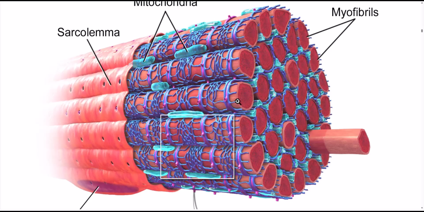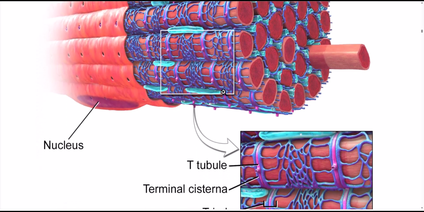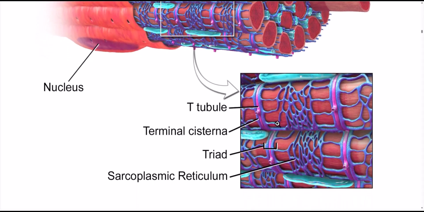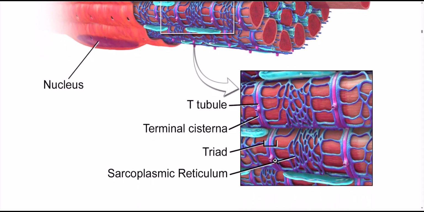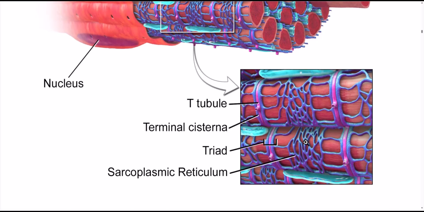You see it, it's just everywhere, a bunch of webbing everywhere. We're not going to be breaking this down into greater detail, but you can see here it's labeled the sarcoplasmic reticulum. And we are not worrying about T-tubules, terminal cisternae, or triads this semester. So any of those questions related to T-tubules can be skipped for now this semester.